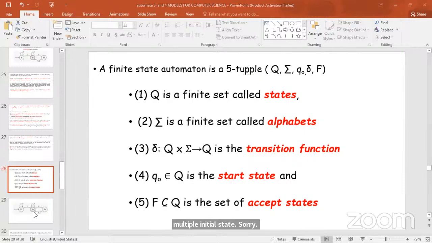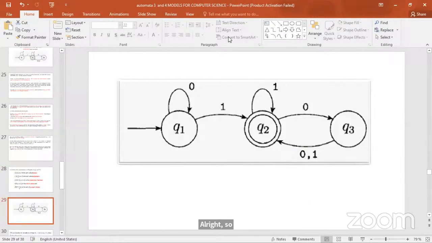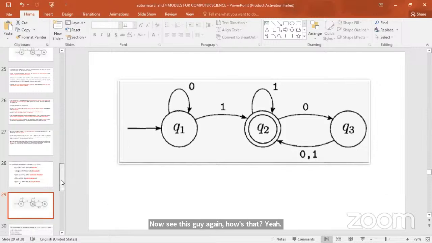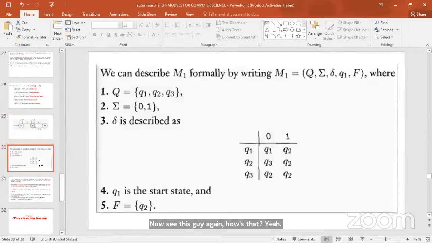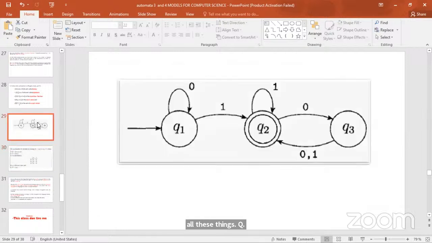All right, moving on. Now, you see this has appeared here, the same M1 that we were looking at earlier. So to define it formally, we have this. Our Q is all the states, Q1, Q2, Q3.